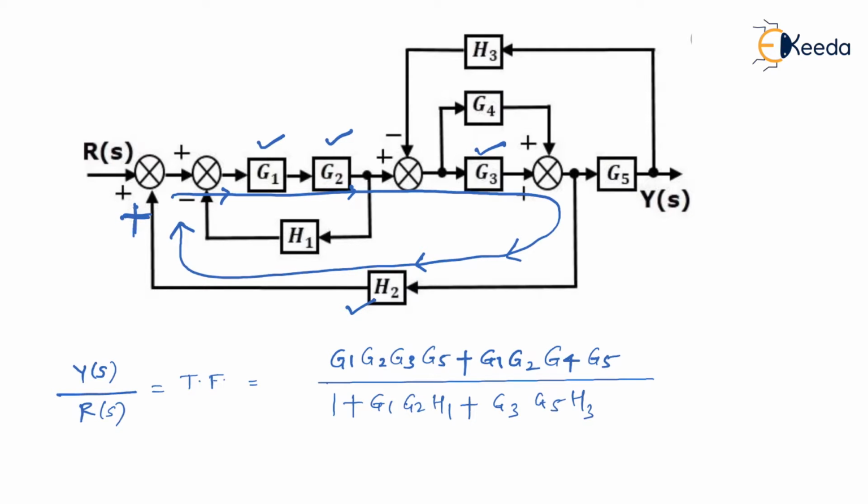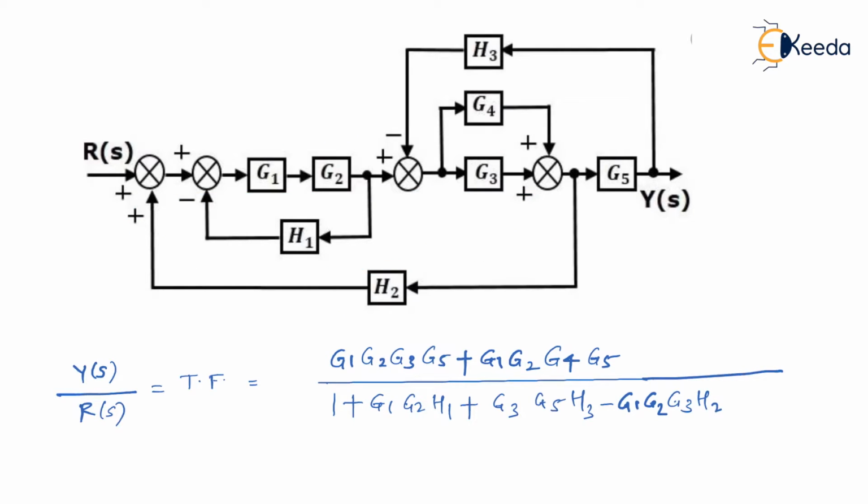Since it is a positive feedback, I am supposed to mark negative here. So G1, G2, G3, and then H2. Am I right? If you are not a good observer, then you will miss one more feedback path. So look at this now.